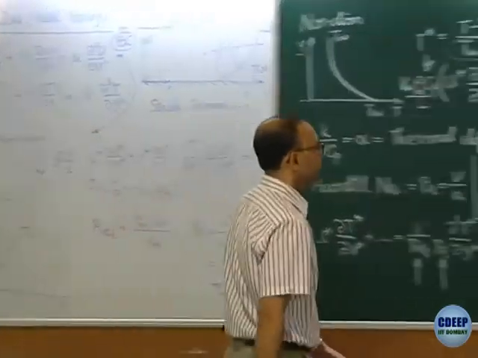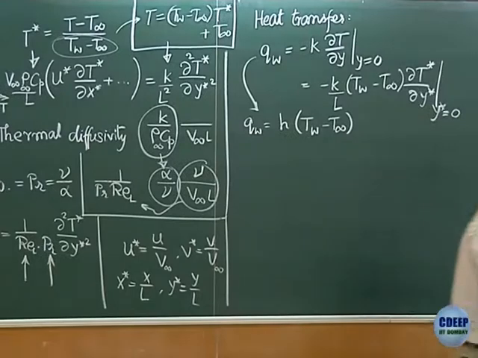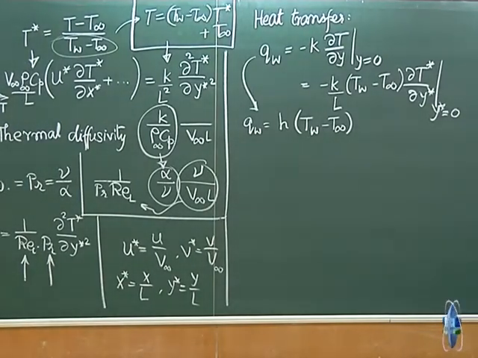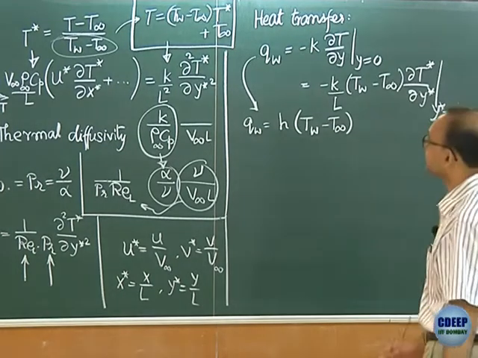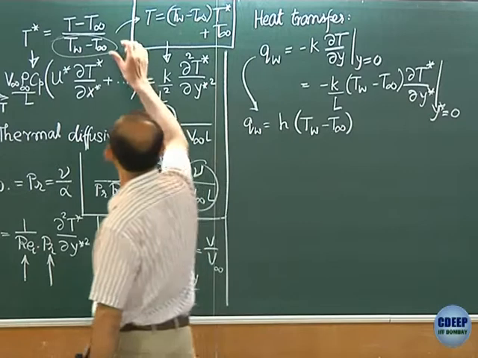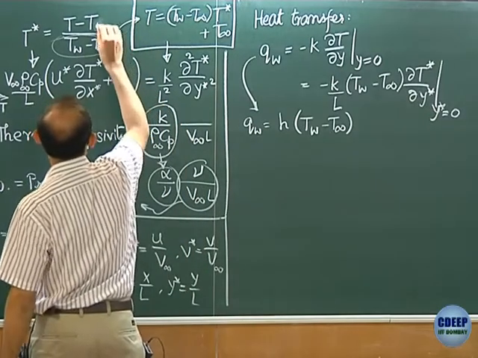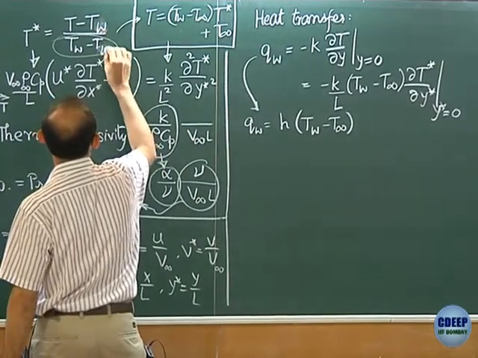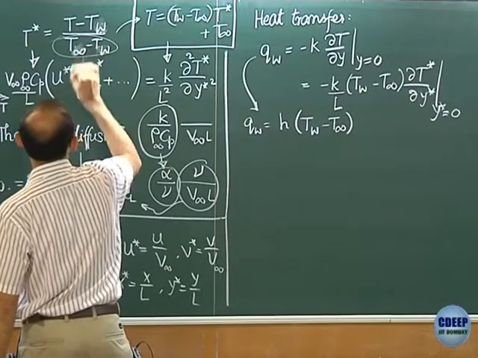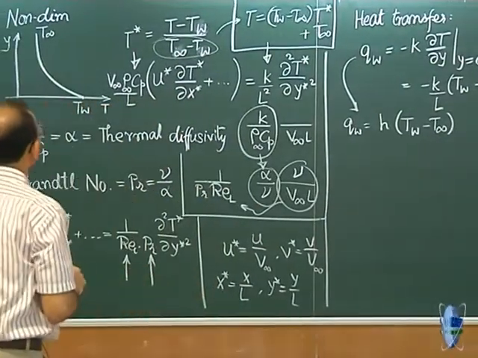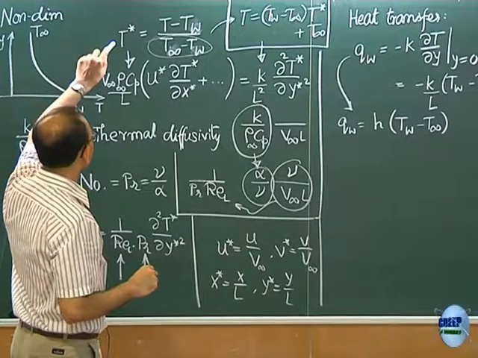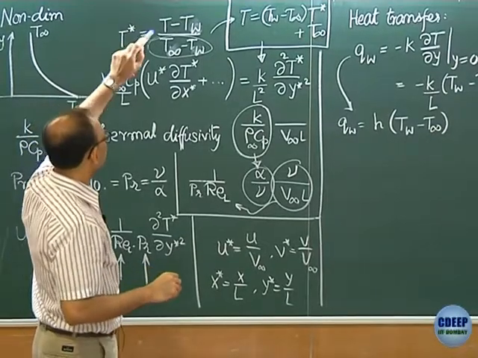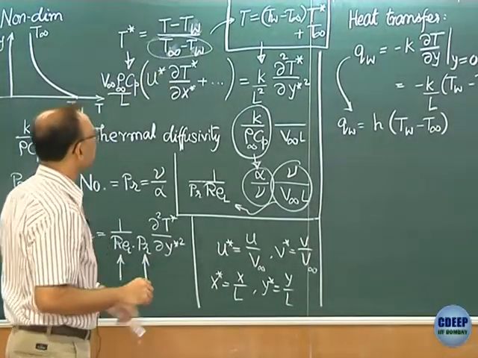Okay, so here I'm just a little bit doubtful about the TW, T infinity minus TW. I probably made a mistake here. I think it is the other way around. The non-dimensionalized form of T, where T star is defined as T minus TW divided by T infinity minus TW.